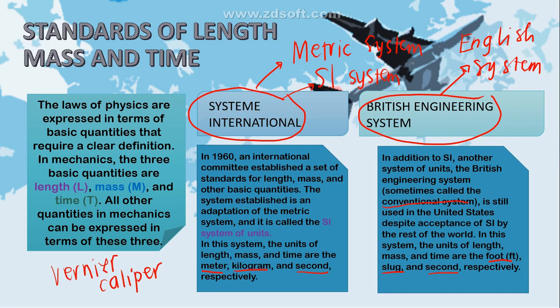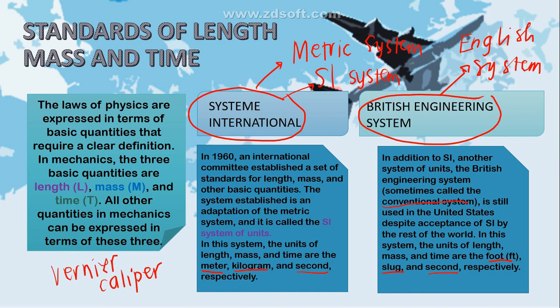How can you use the vernier caliper? Of course, you can do that by converting the inches to millimeters. Kung alam nyo yung conversion, magagamit nyo ng maayos yung vernier caliper. Kung hindi kayo marunong mag-convert, hindi kayo makakapag-adjust. For example din, yung mga skins, or meron kayong dalawang materials na pagdudugtong.